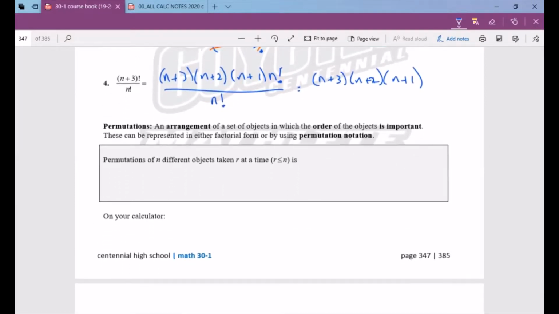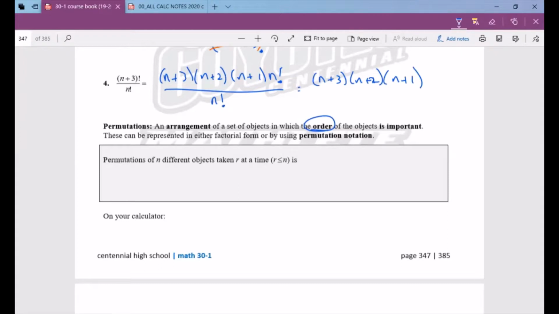So when we talk about a permutation in this course, a permutation is an arrangement of a set of objects in which the order is important. So we will often see this word associated with a permutation question. And we have a formula.